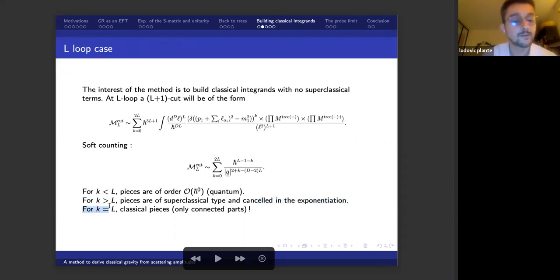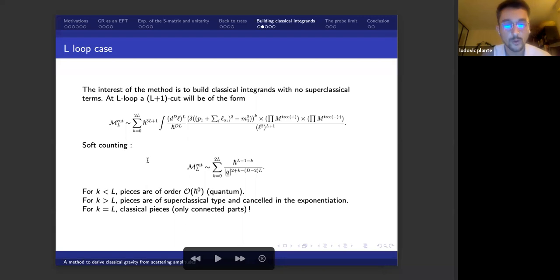And in fact, if the number of delta functions is equal to the loop order, this is where the classical pieces are. You have to consider only connected parts, because the others will not contribute. I can answer a question if there is one on this point. So now you know that the classical integrands are built from pieces that have only K equal L delta functions.